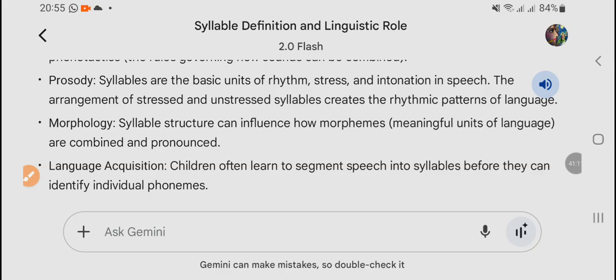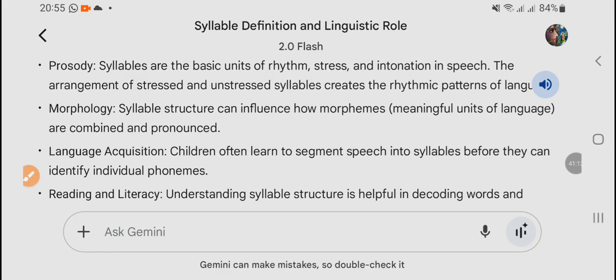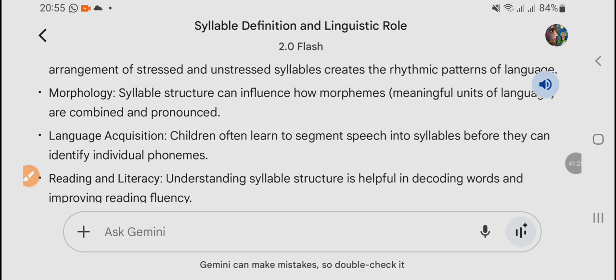When you speak something, rhythm, stress and intonation play a very important role, and this is all set by syllables. The arrangement of stressed and unstressed syllables creates the rhythmic pattern of language.